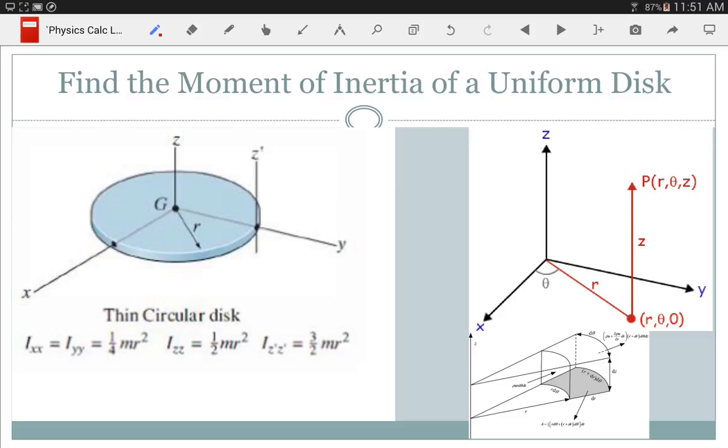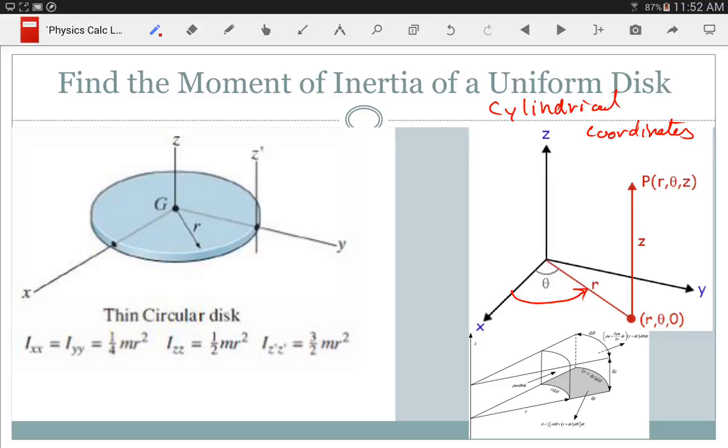So this being cylindrical, we use cylindrical coordinates. The cylindrical coordinates have an angle in the xy plane, the xy plane being defined as the plane that is normal to the symmetry axis of the cylinder. The z-axis is the symmetry axis of the cylinder.